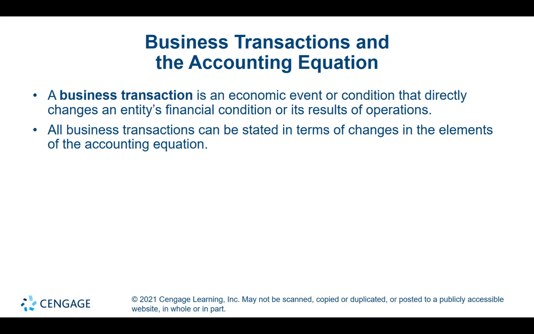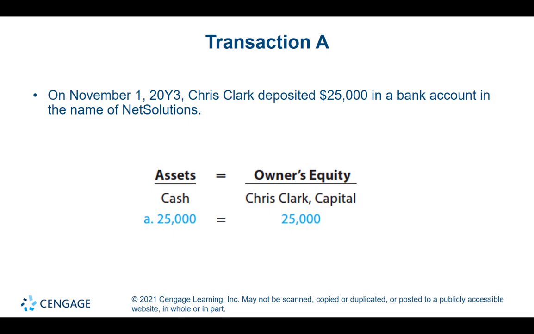users of accounting information. In this example, the owner, Chris Clark, puts $25,000 from his bank account into the business, Net Solutions. So the asset of the company, cash, is increased by $25,000, and the owner's equity is also increased by $25,000. What is the account that's being recorded?